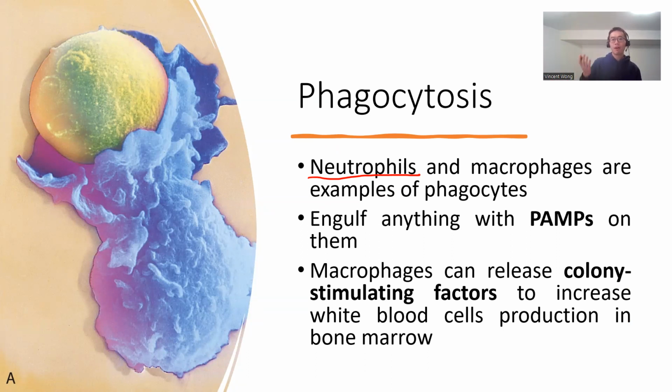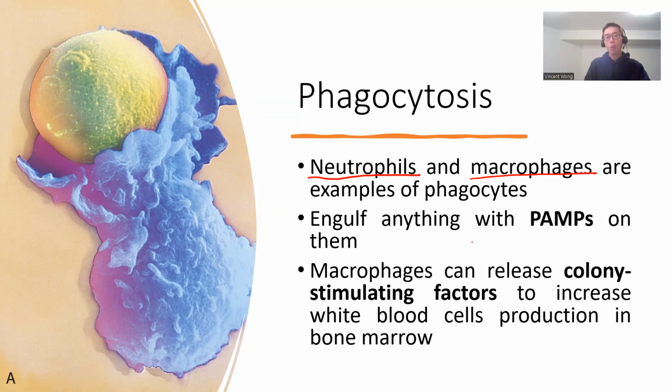They are capable of phagocytosis. They will eat up whatever is not supposed to be there. Macrophage is another kind of phagocyte. If you think back to the notes that we took, macrophage was not always macrophage.